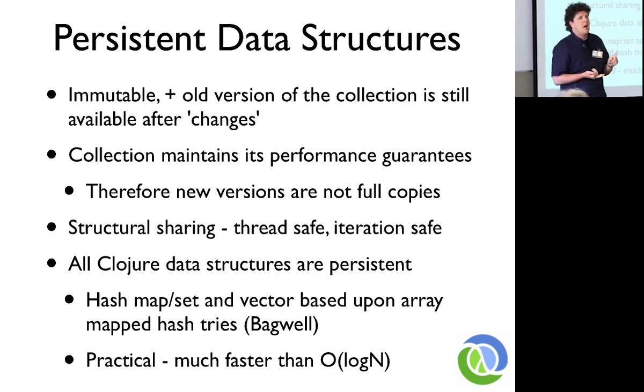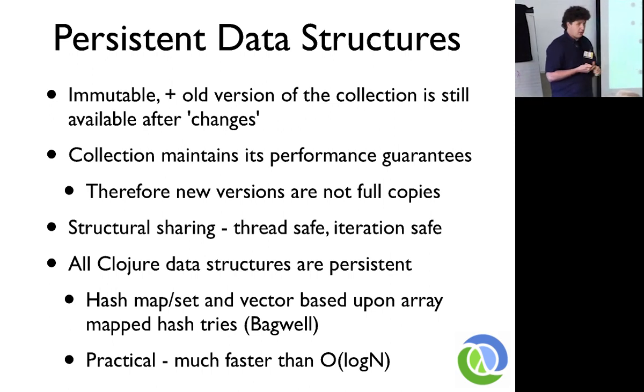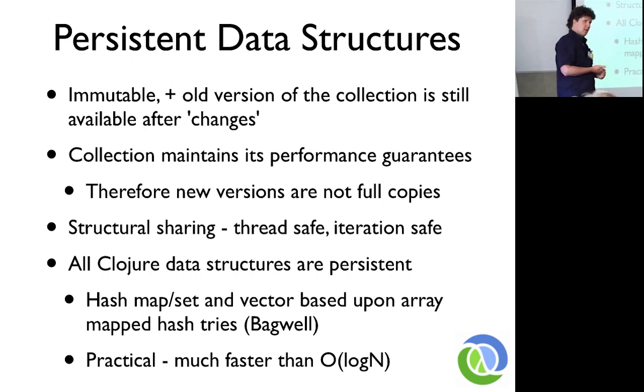It's cheap, and both the new and the old version are available after the operation. And both the new and the old version support all the operations of the data structure with the same time characteristics as are promised by the data structure. So you can modify an element of a vector in constant time. And both the new and the old version have access to the elements in constant time.